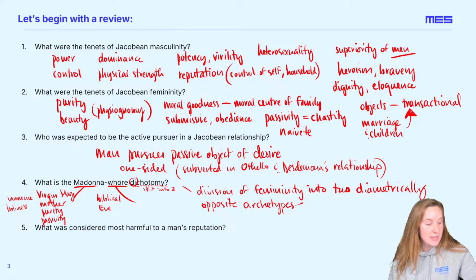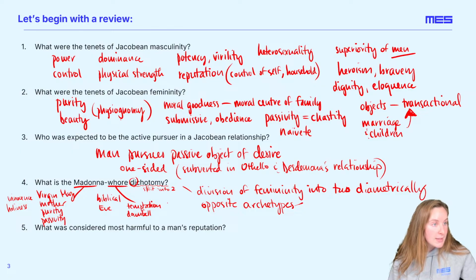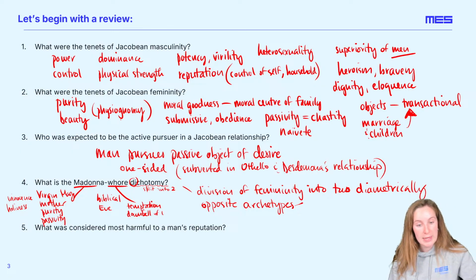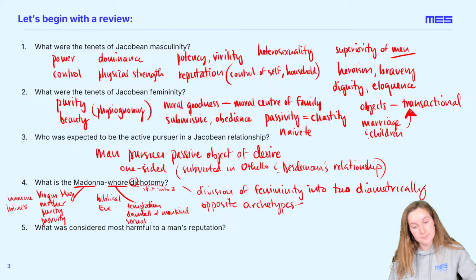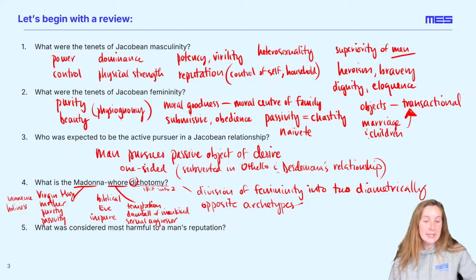And this is where we get to this idea of temptation, because Eve is known for the downfall of mankind, and mankind I'm using intentionally because it was blamed that women were blamed for the destruction of men, that they were tempters, that they were sexual aggressors, that they were impure, that they were destructive, and that they would lead a man to his ruin.